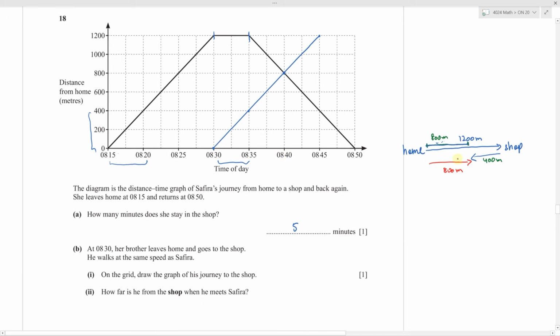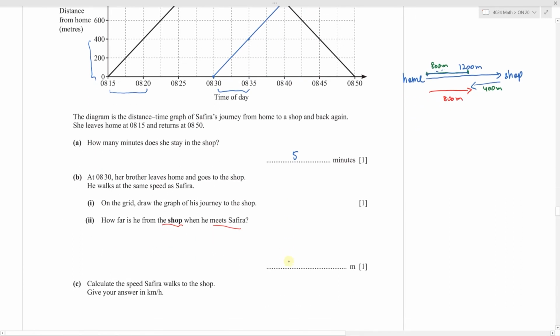Their distance from the home is 800 meters and their distance from the shop is 400 meters. We are interested in the distance from the shop. How far is he from the shop when he meets Safira? So the distance from the shop is 400 meters.